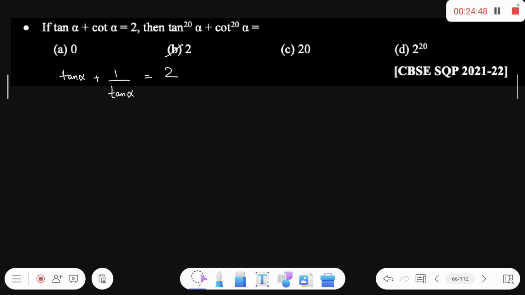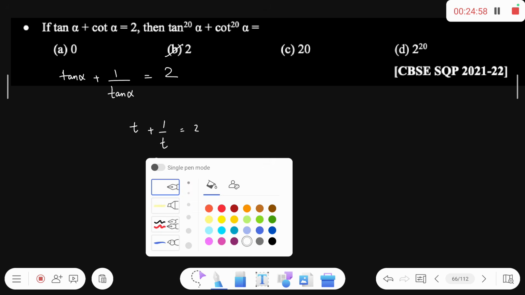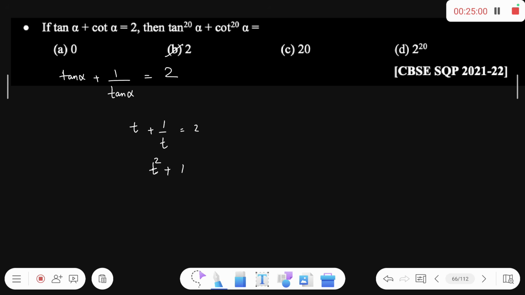You write it just t plus 1 upon t is equal to 2, or t square plus 1 is equal to 2t, or on solving this t is equal to 1.